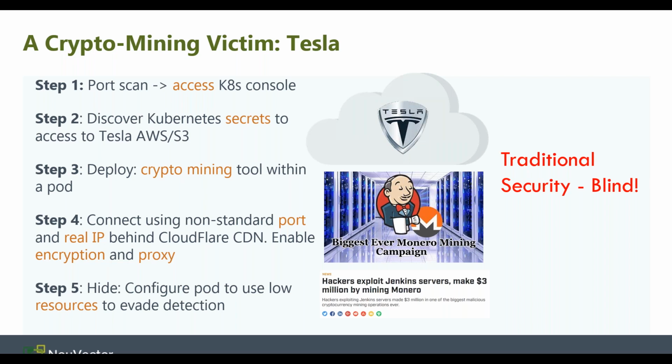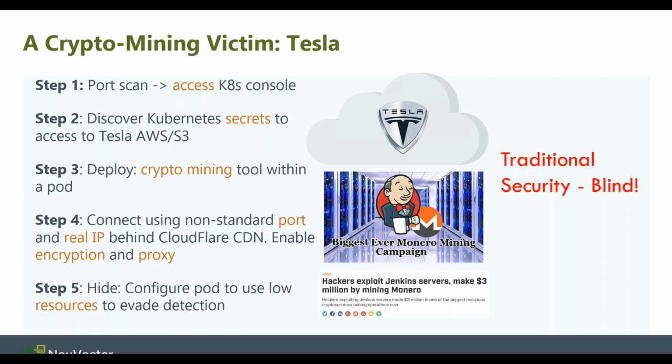Before I drill into the details, I want to tell you about several interesting use cases we see. The first one, I think maybe most of you have already heard about. A couple of months ago, Tesla tried to open the Kubernetes management console port to the public internet.